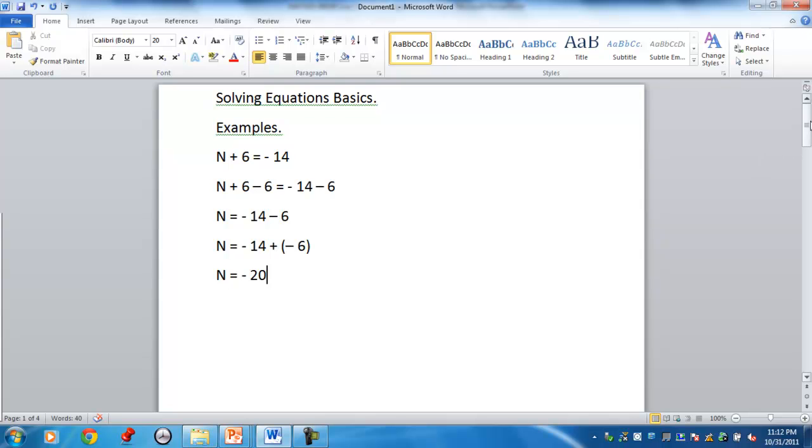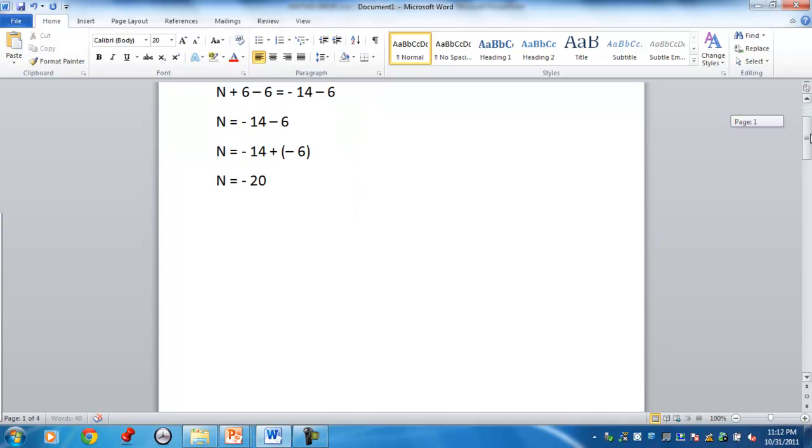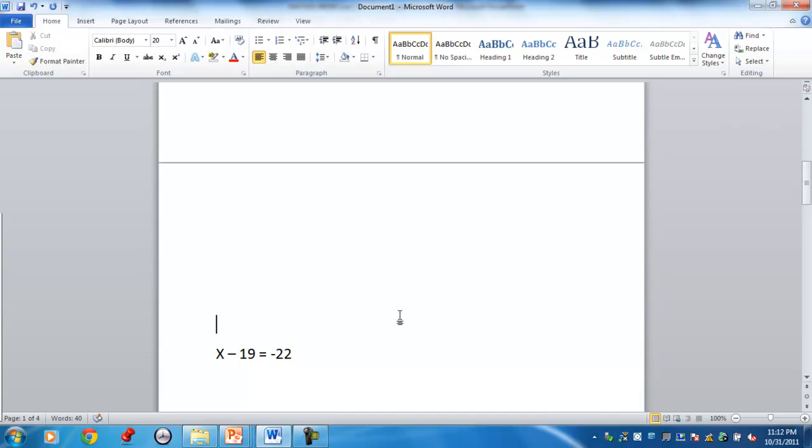Let's take a look at another example. Second example here we've got x minus 19 equals negative 22. Our goal for solving an equation is to get the x by itself. My first step to get this x by itself is to get rid of the minus 19.